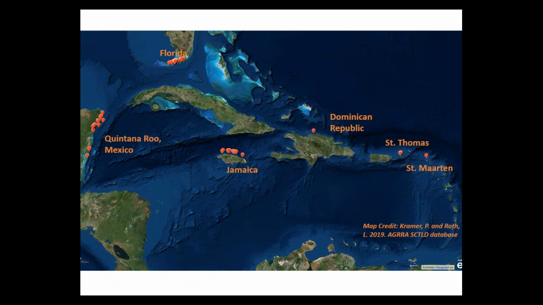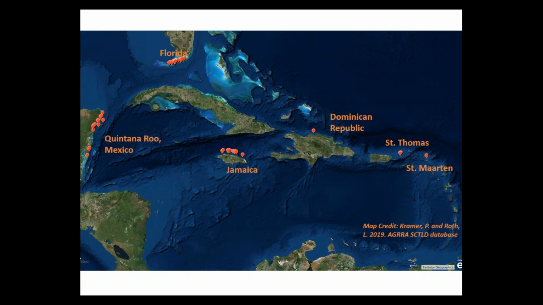So the folks at AGRRA have developed an online database that I will get to in a couple minutes here, but they generated this map and are able to track and make publicly available the locations where stony coral tissue loss disease is now observed.